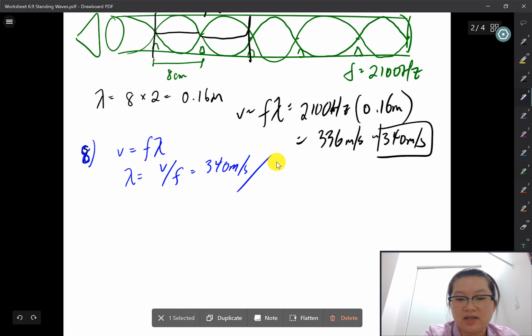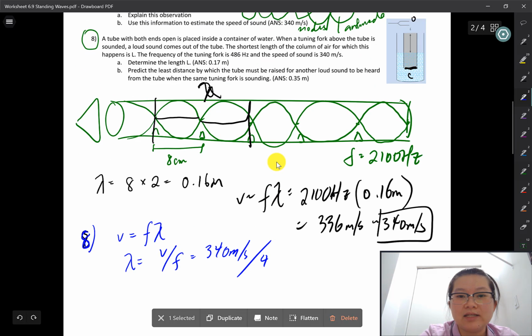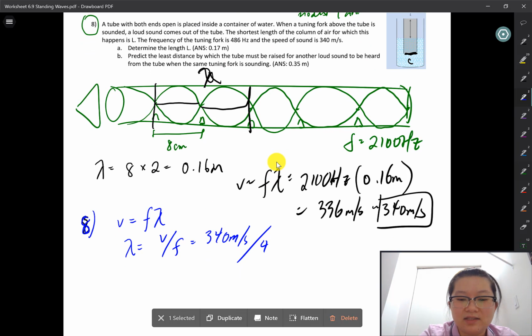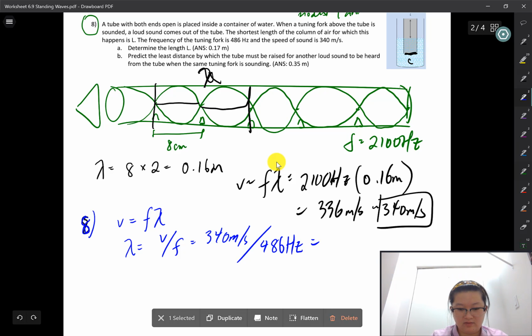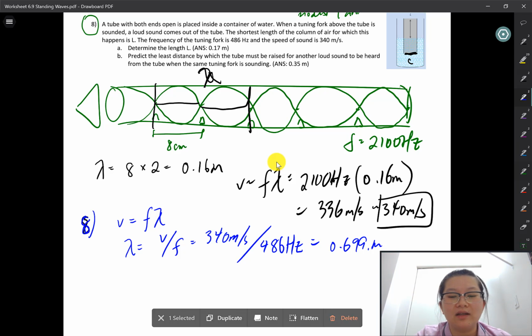Our frequency is 486 hertz. So divided by 486, that's going to give us 0.6995. Wow, that's close to 0.7 meters. Okay, so we know the wavelength now, and we need to figure out the length.